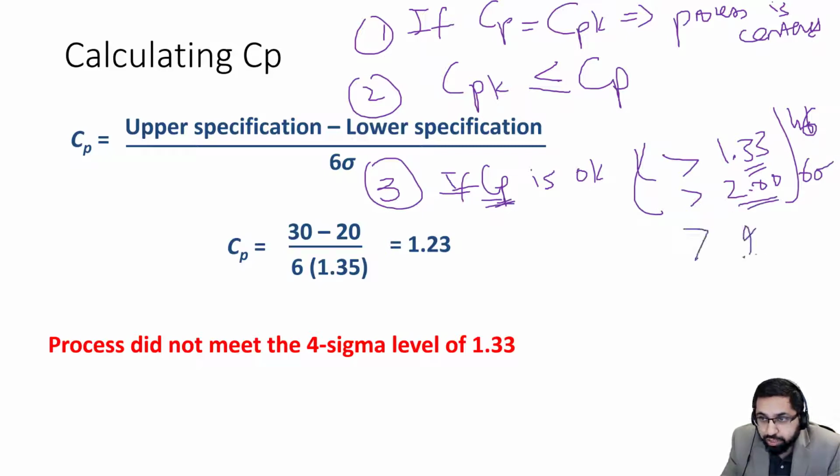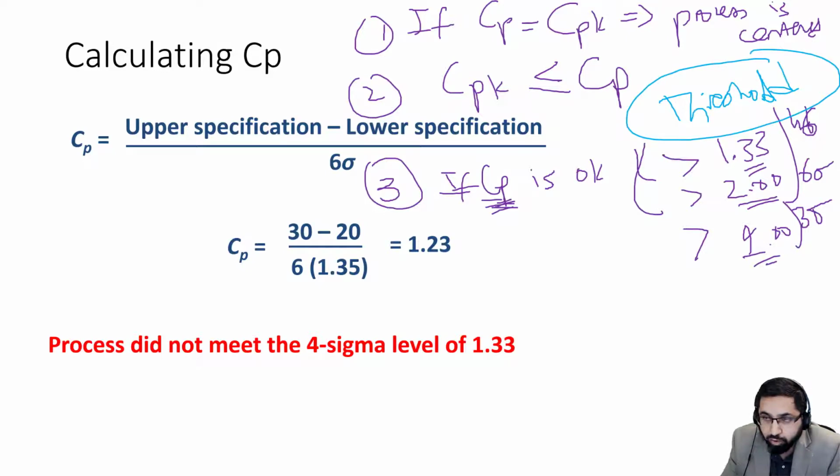And if the question says the process should just be 3 sigma capable, then you compare CP with 1.0. Whatever your threshold is, based on what level of quality you want out of the process, CP has to exceed it.